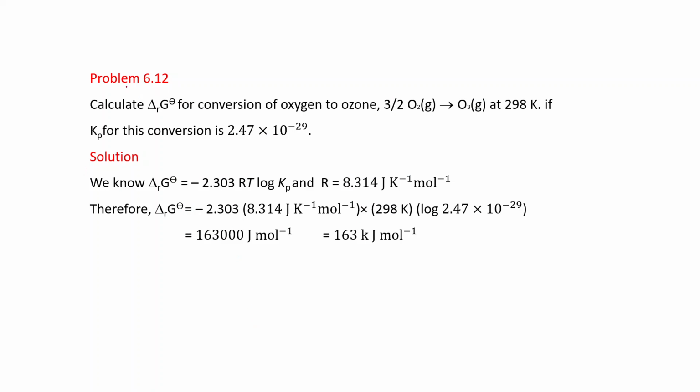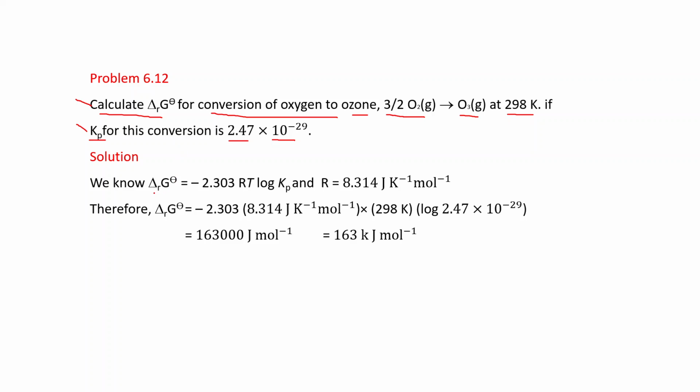Now see some questions. Calculate the standard Gibbs energy for the reaction for conversion of oxygen to ozone. This is the reaction: 3/2 O2 gas converting into O3 gas at 298 Kelvin, if Kp for this conversion is 2.47 into 10 to the power minus 29. Simply, K is given and we have to find delta G standard.